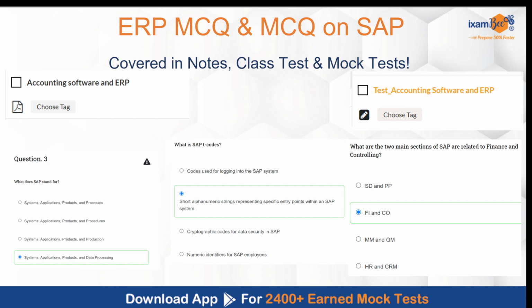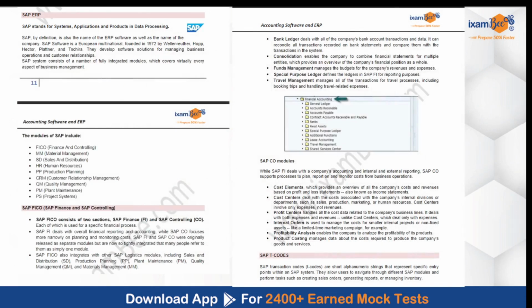Again, iExamB had well covered these topics in the form of MCQs, in the revision classes, also in the class tests and notes for the preparation of AAI Finance exam. So very expectedly, there were questions and the students have been able to correctly attempt this.